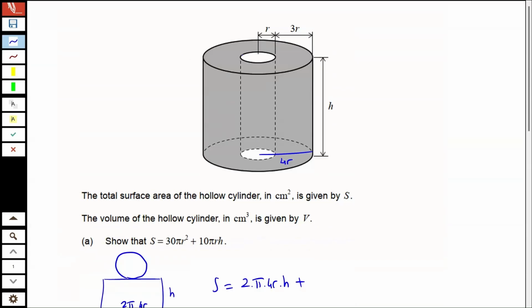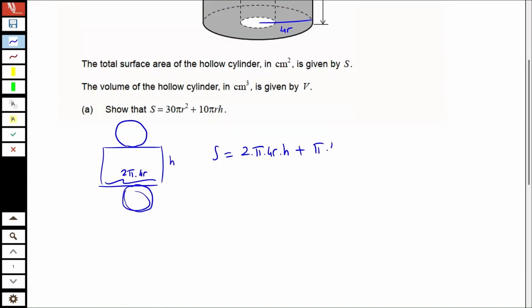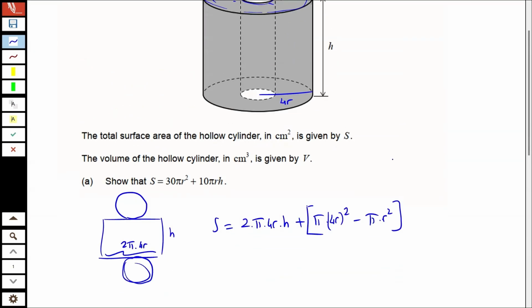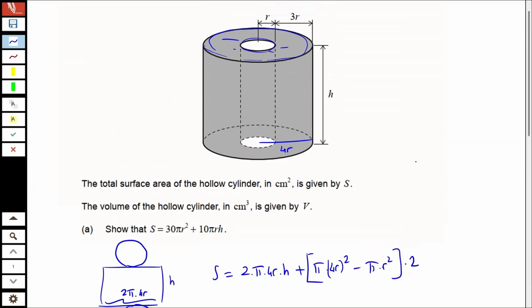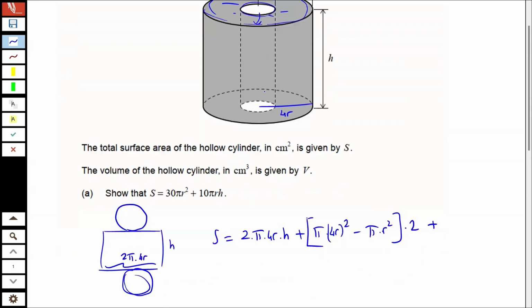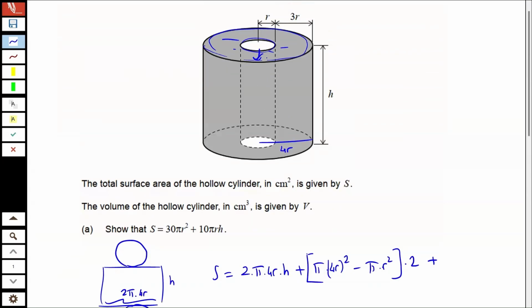Just be careful because let's think that this is the cover, and we take off this small circle from the cover. Pi times 4r square minus pi times r square. We found this area, and there is 2 from this. Inside of the cylinder, there's a gap, and I'm gonna also calculate this area, which is inside.